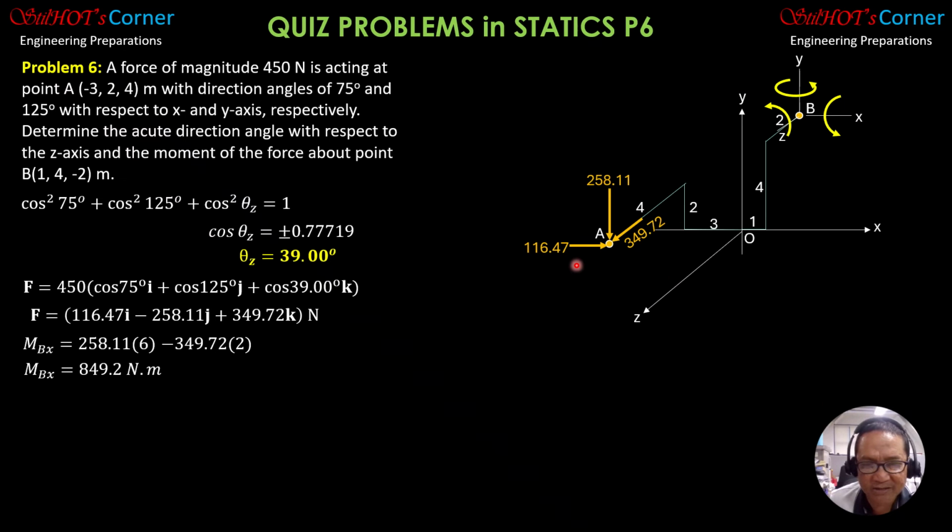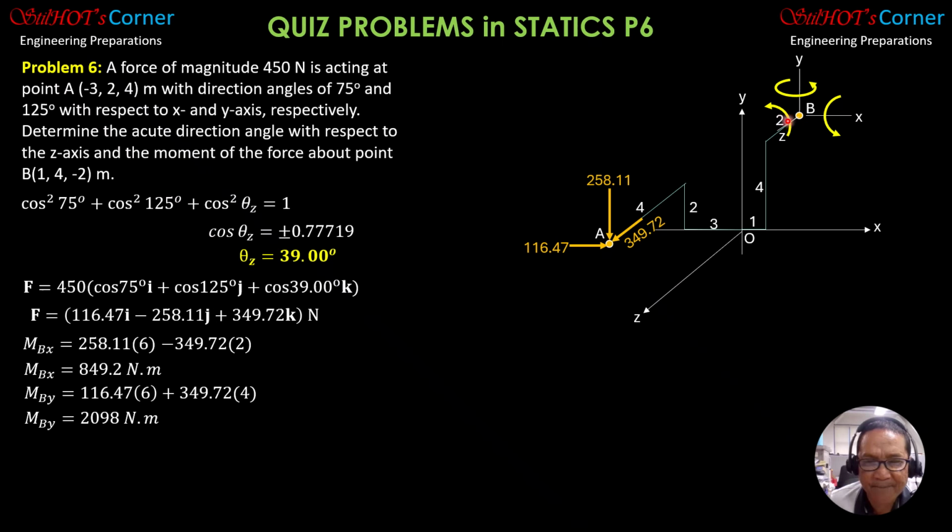So MBy equals 116.47 times 6 plus 349.72 times the quantity 3 plus 1, so 4. And it is equal to 2098 Newton meter.